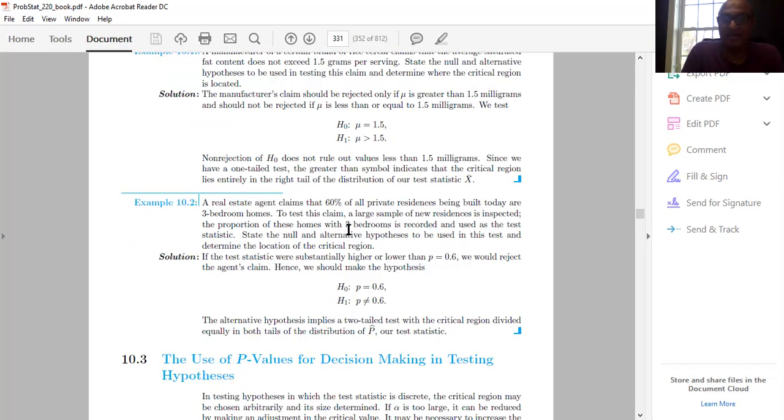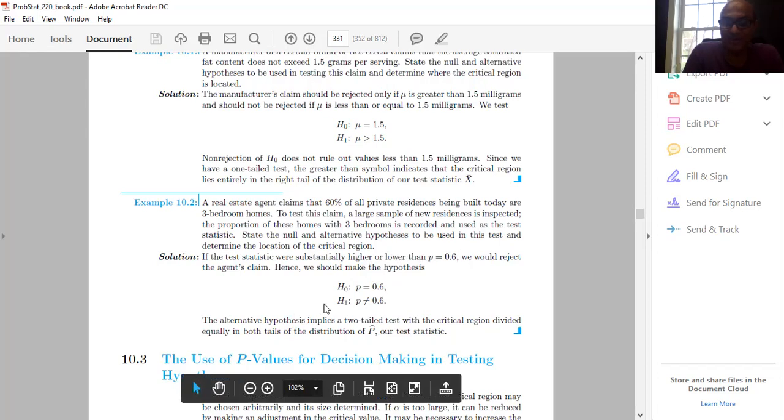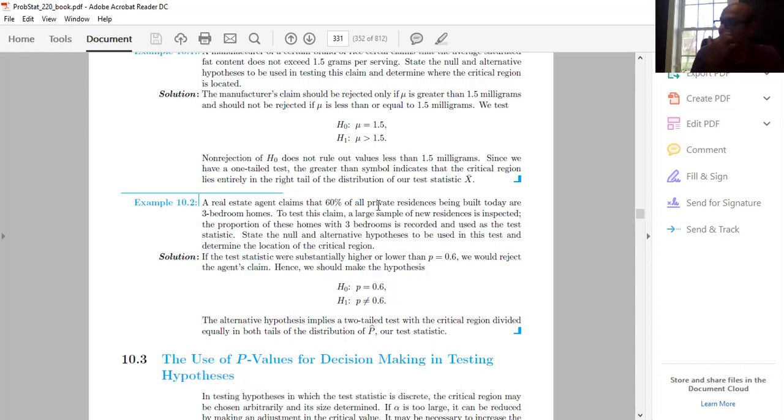State the null and the alternative hypothesis to be used in this test and determine the location of the critical region. If the test statistic were substantially higher or lower than p equal to 0.6, right? Now p equal to 0.6, that is your mean value. So that is your H0, and outside it is your alternative hypothesis. So here the alternative hypothesis implies a two-tailed test with the critical region divided equally in both tails of the distribution of P, our statistic.